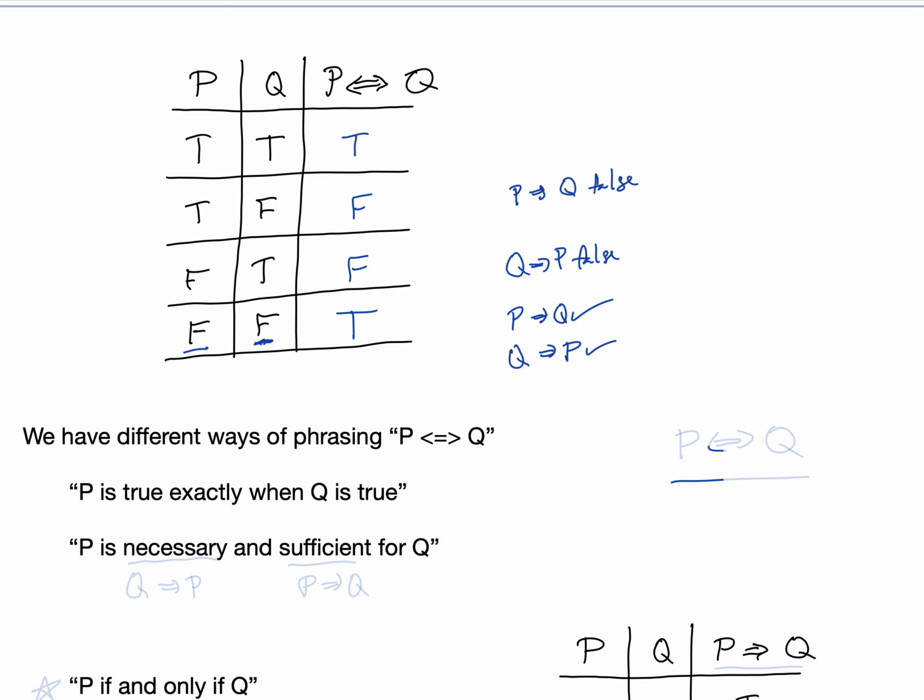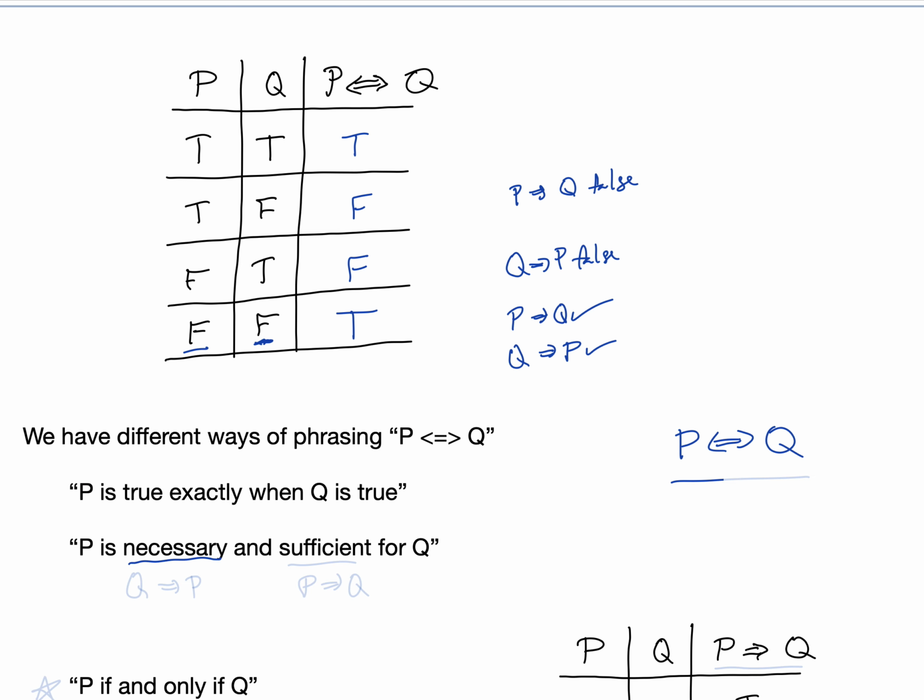So similarly to when we looked at different ways of phrasing P implies Q, we also have different ways of phrasing P if and only if Q, or this double arrow. So one way of saying that is P is true exactly when Q is true. Makes sense, I think, especially given the truth table above. Another is P is necessary and sufficient for Q. Why is that?